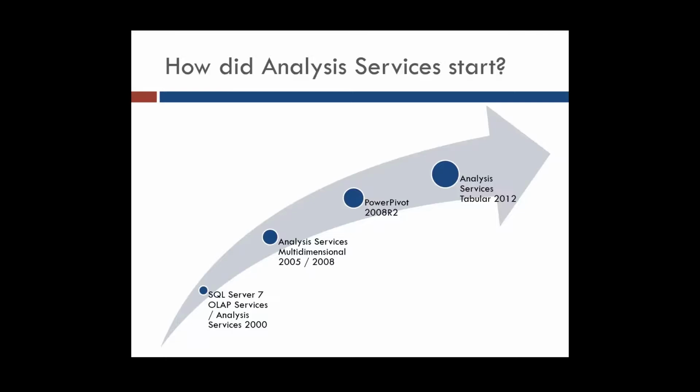Well, then came 2010, and that's our next big release, the 2008 R2 release. In 2008 R2, Microsoft released Power Pivot. And Power Pivot included a technology that was an in-memory columnar data store.